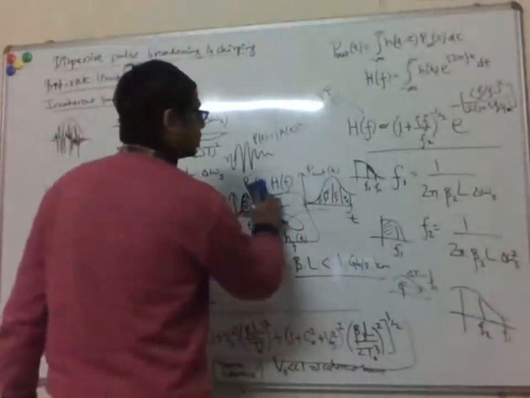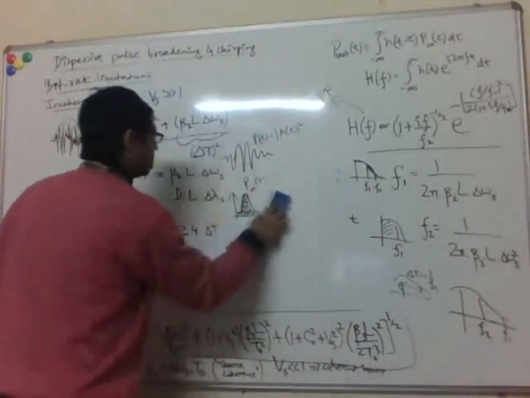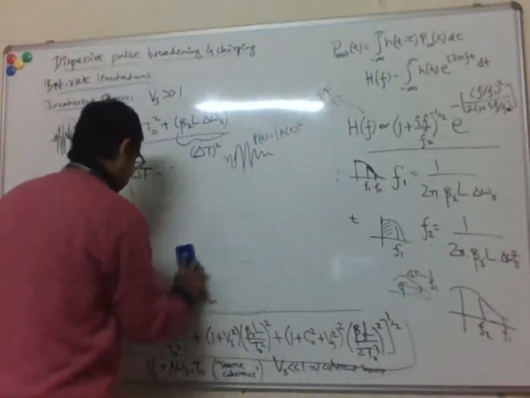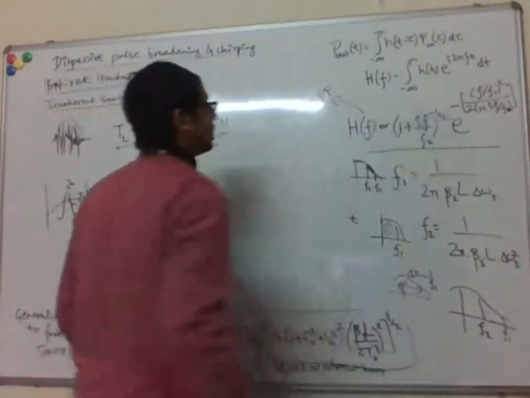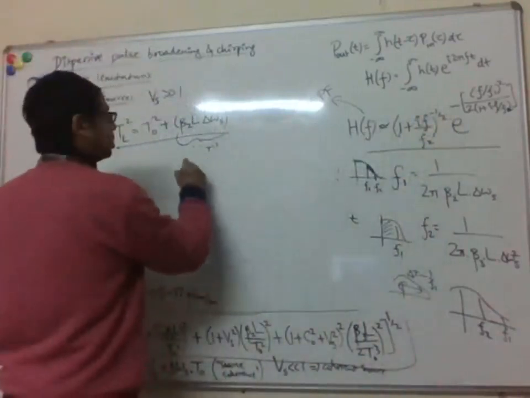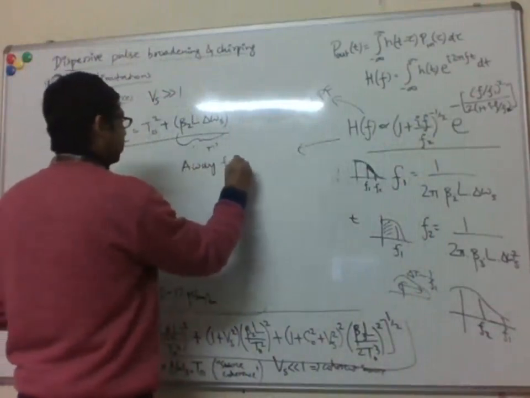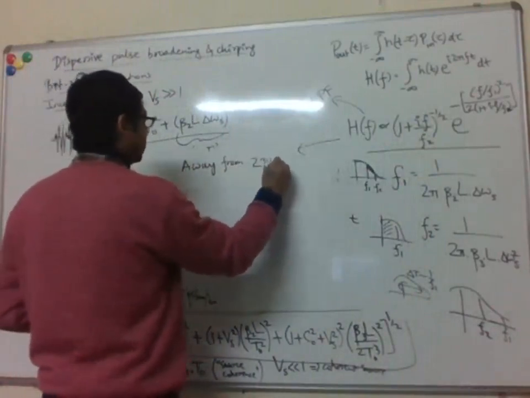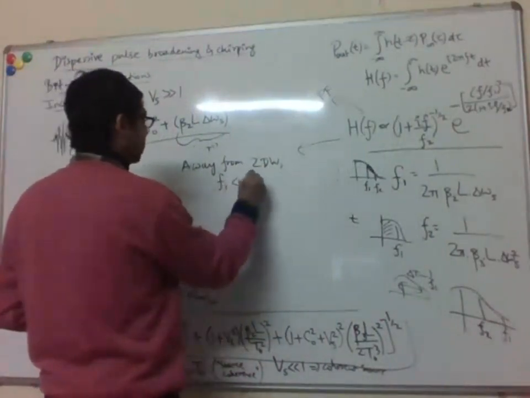So in other words, you can take the limit here. Away from the zero dispersion wavelength, F1 is much smaller than F2.